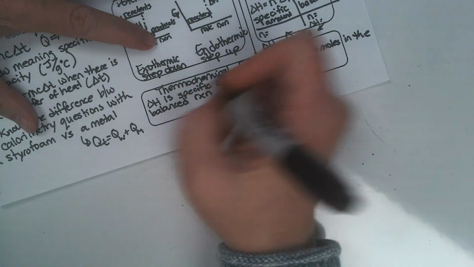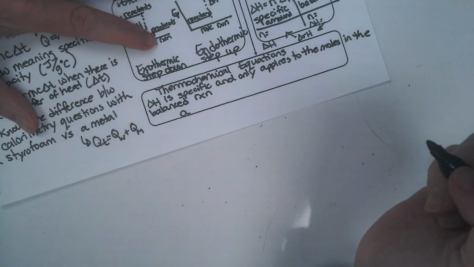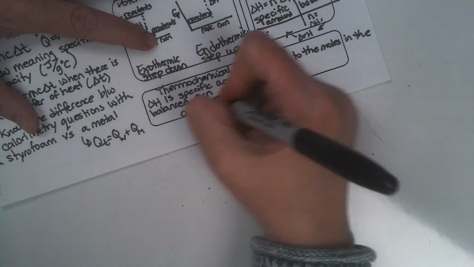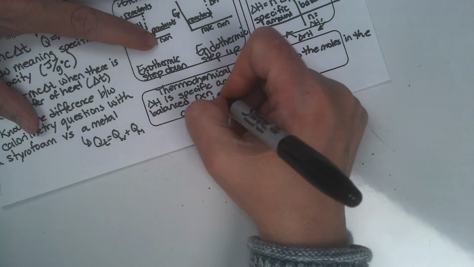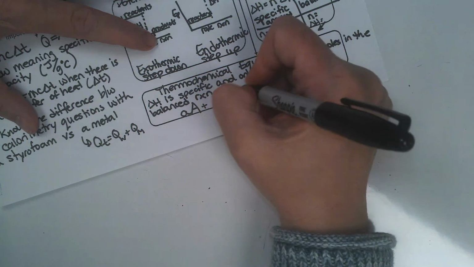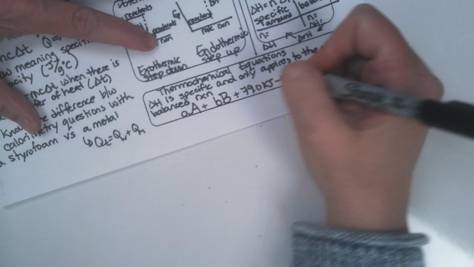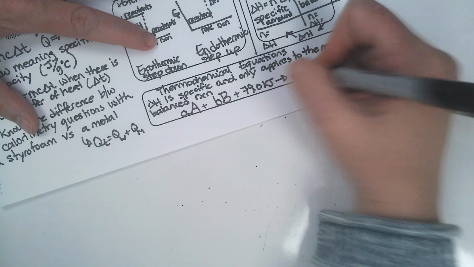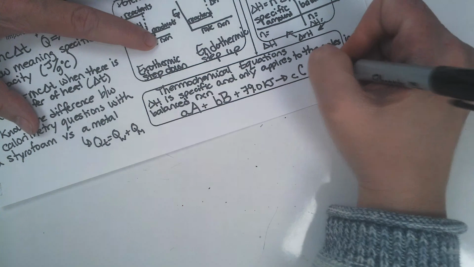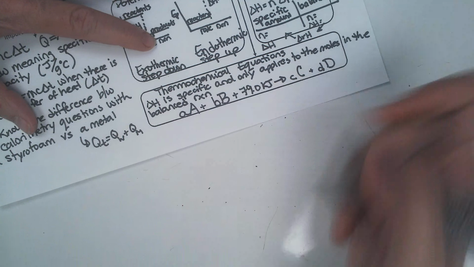And what does that look like? It looks like this. A little a will represent the number of moles of the first reactant versus the number of moles of the second reactant, plus, let's say, 79 kilojoules will give us the number of moles of a first product and the number of moles of our second product. And this particular format is a double replacement.